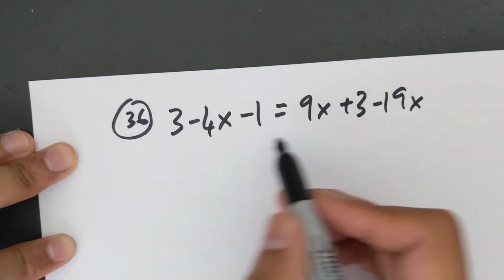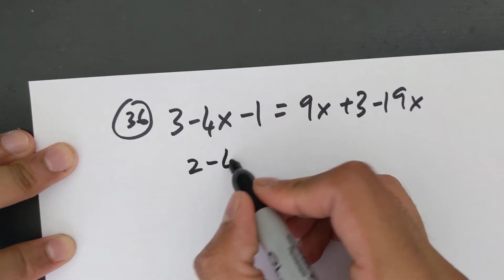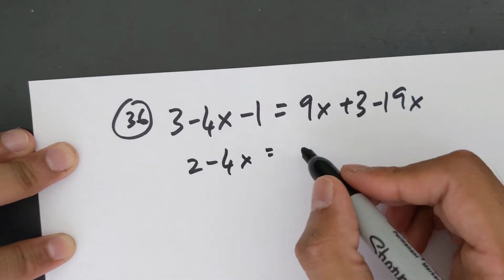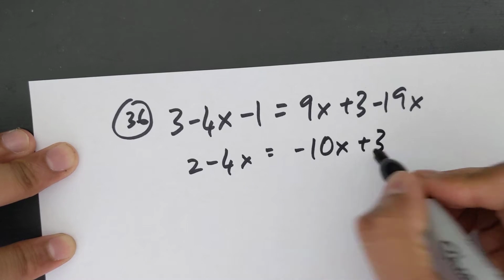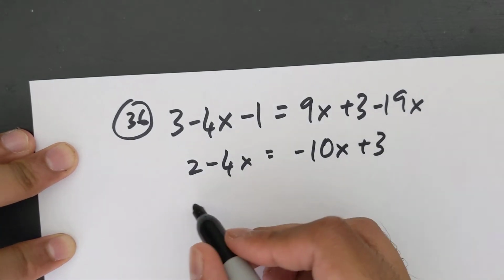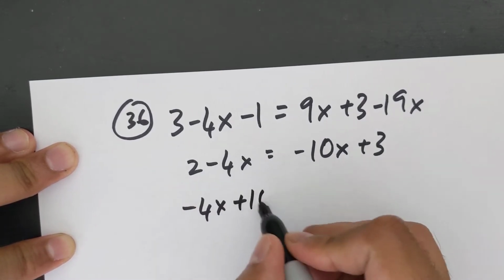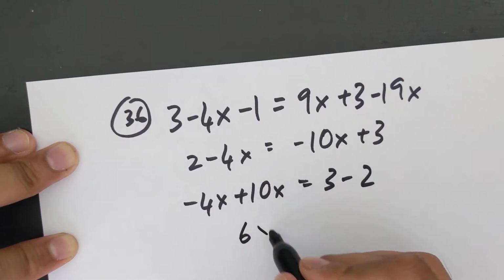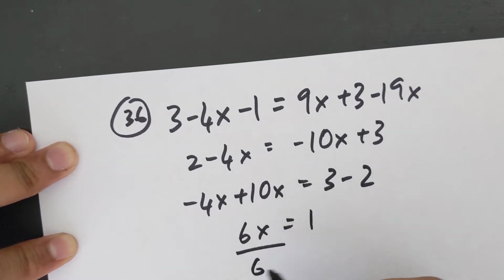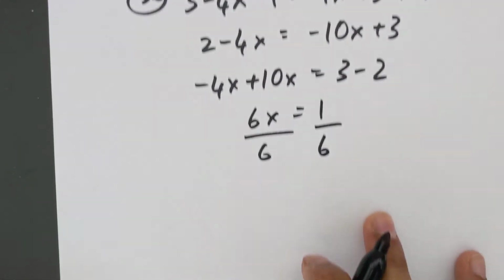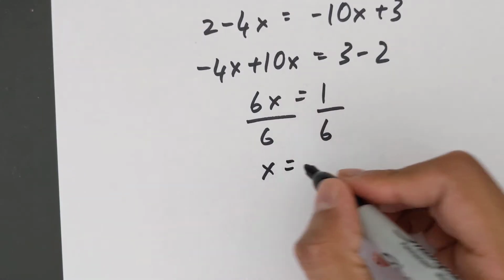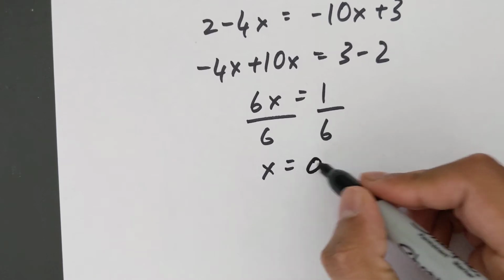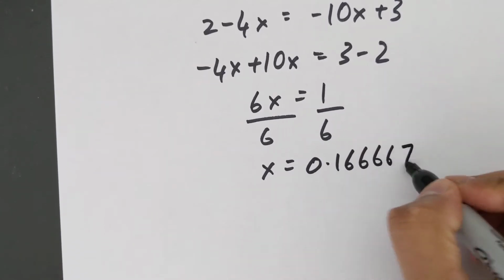I'm going to start by combining like terms. 3 minus 1 is 2. 9x minus 19x is negative 10x. I'm going to do my movements. So negative 4x plus 10x equals 3 minus 2. 6x equals 1. Divide by 6. Get x equals 0.166667.